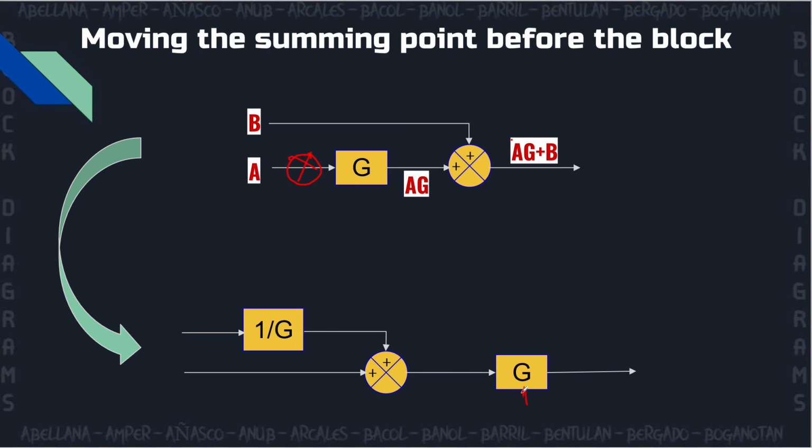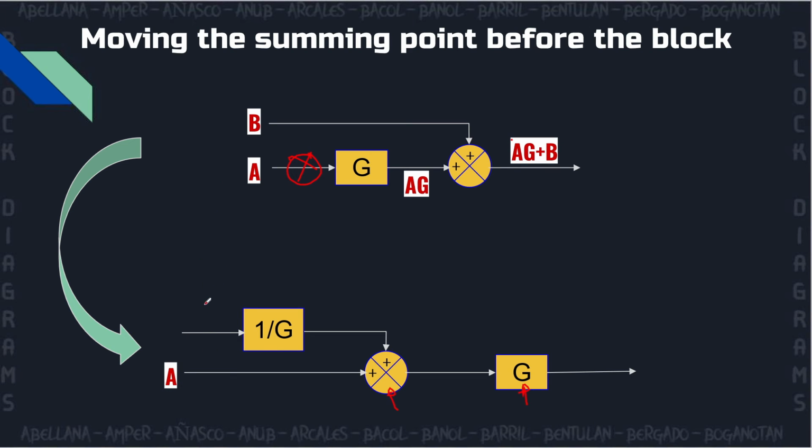We have the transfer function G here and the summing point. As I have said before, checking the signals and the output is very important in understanding block diagram reduction. So why did 1 over G pop up here? We will know as we go on in this rule.